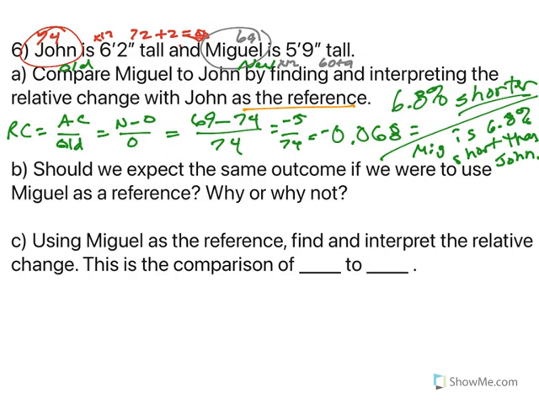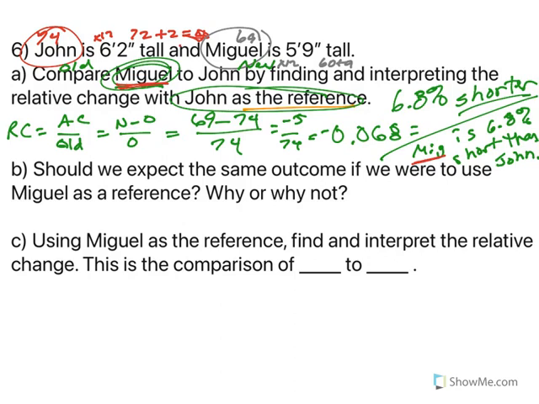You notice that it's Miguel, since we're comparing to John, with John as the reference. So whoever is new is what we're going to start with. So Miguel is new, Miguel is who we're starting with. That's the idea.